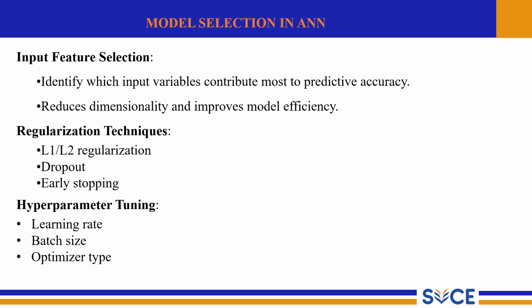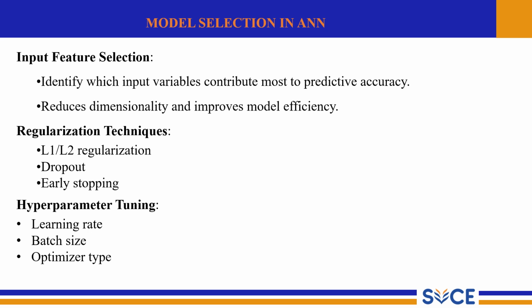This is the process of finding the best settings for parameters that control the learning process. Key hyperparameters include learning rate, batch size and optimizer type.